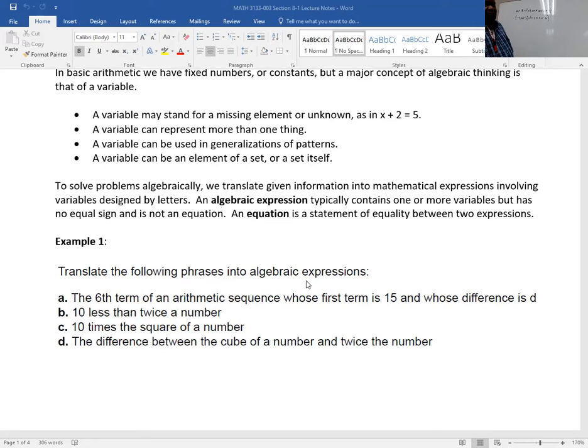Let's say I want to write an expression like this: the sixth term of an arithmetic sequence whose first term is 15 and whose difference is D.